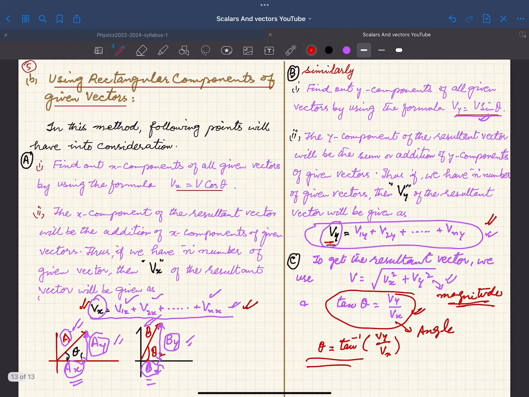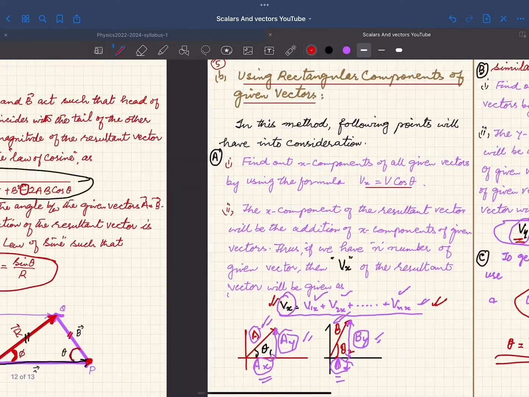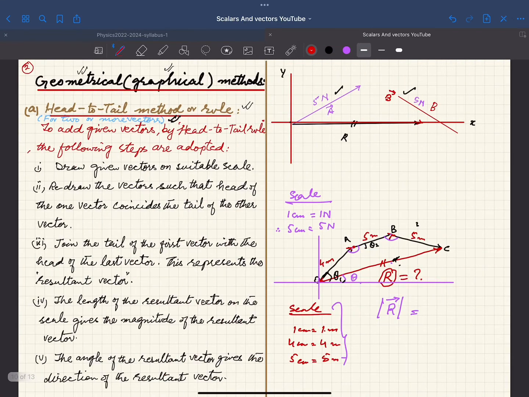So this is something which you will use in the coming chapters. Normally you will see that you do not have direct questions on vectors, but the applications of vectors are of course in our syllabus.